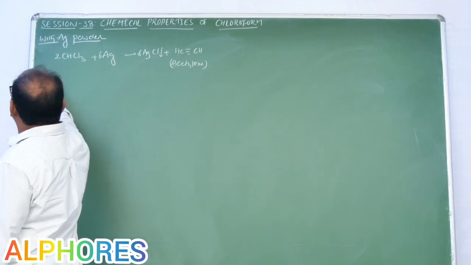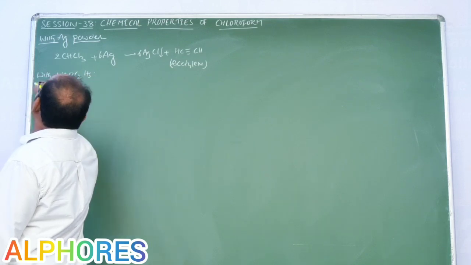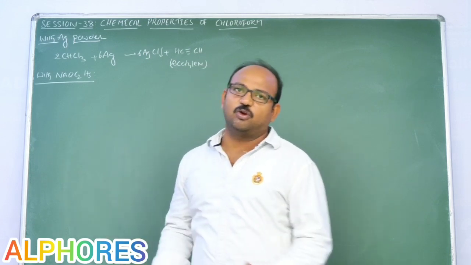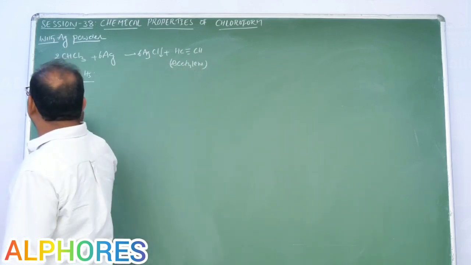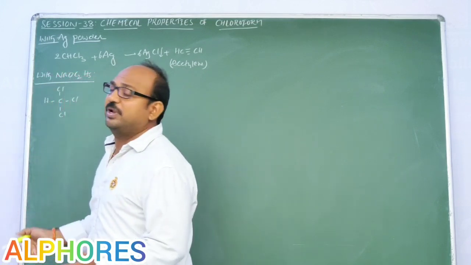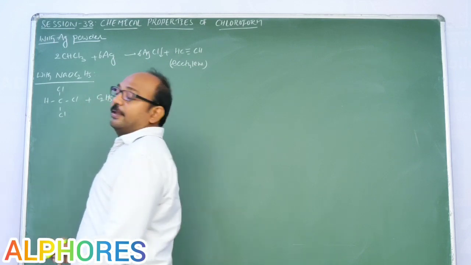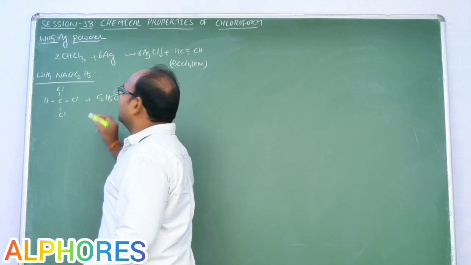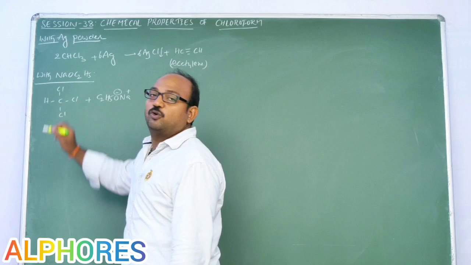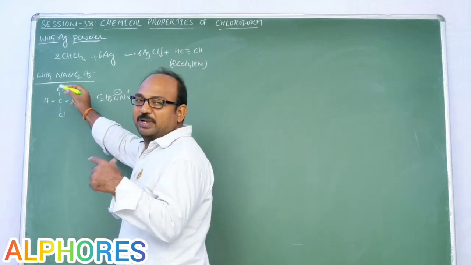And reaction with sodium methoxide. You know very well sodium methoxide is a strong base and a strong nucleophile. Hence, chloroform HCCl3 upon reaction with NaOC2H5 or C2H5ONa, this O minus is going to take part in substitution. So here there are 3 leaving groups, one after another. OC2H5 minus displaces each Cl.